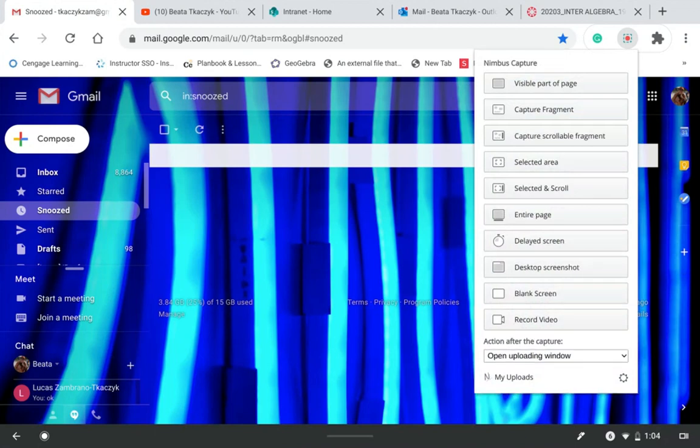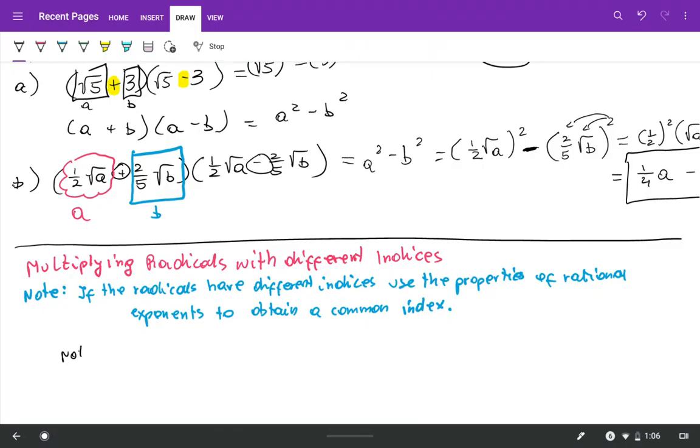So let me just give you a second. Okay, so here, guys, multiplying radicals with different indices. If you have a case like that, what we're going to do is use the properties of rational exponents to obtain a common index, which means we're going to change the radical expression to an exponential expression and simplify.